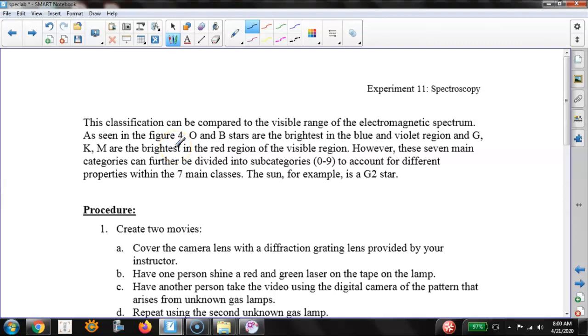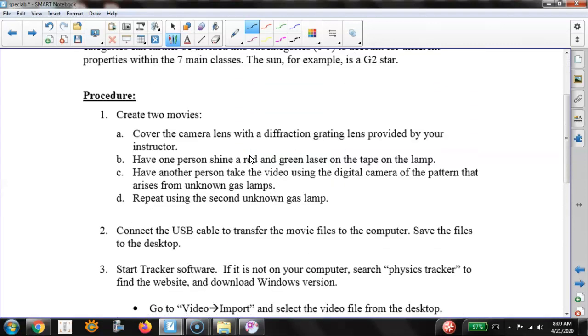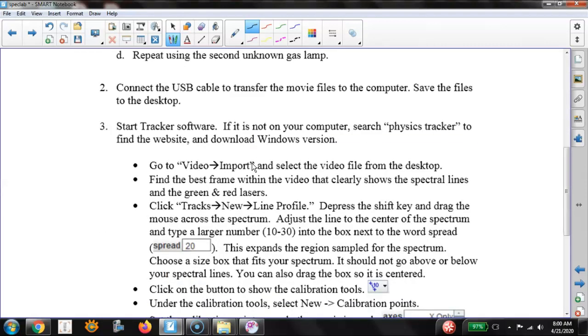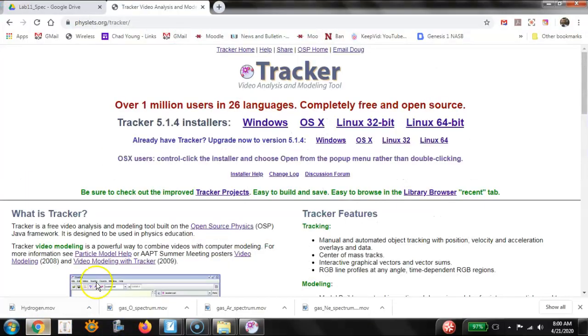Okay, so before we run out of time here, what are you going to be doing in this lab? You're not going to be making movies with real spectra, sorry. But you're going to start using this tracker software. You're going to have to download it to your computer, look up physics tracker on Google or whatever your search engine is, get your Windows or your Mac version, download it.